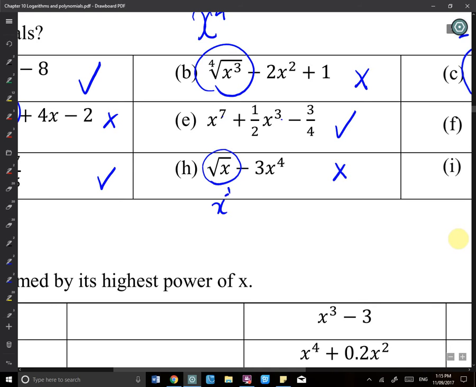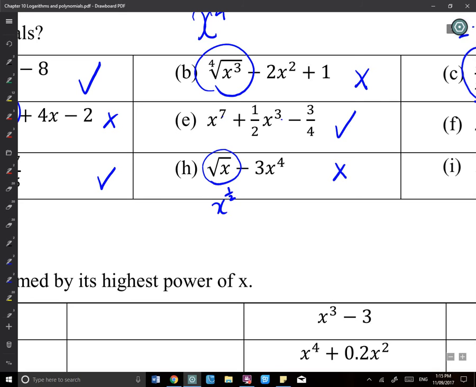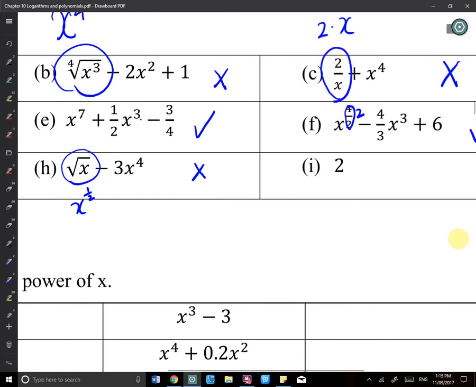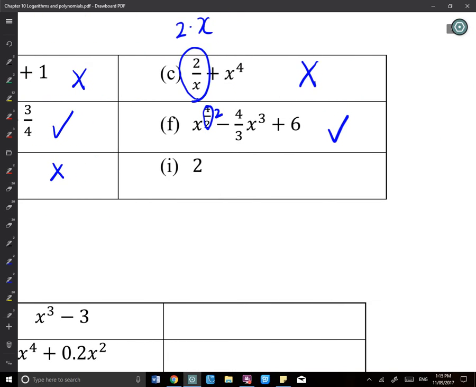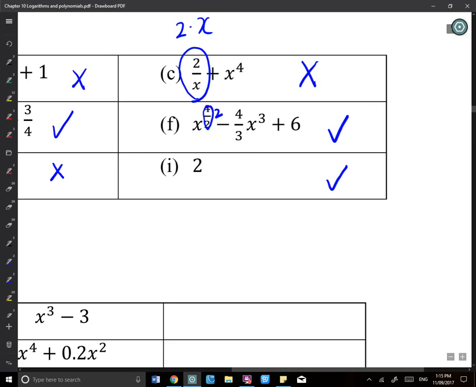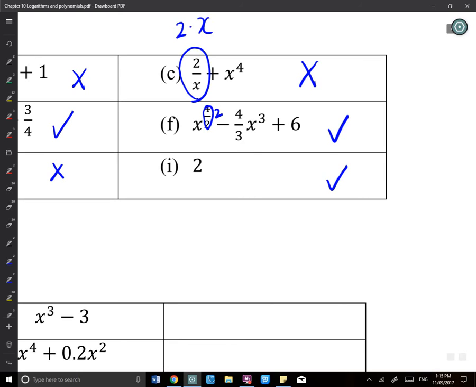That is x to the power of half. It failed the whole number part. It must be a whole number power. I. Yes or no? Yes, because a constant is a polynomial. Even though it's a pure constant, it's still called a polynomial. Okay, 2 is a polynomial.